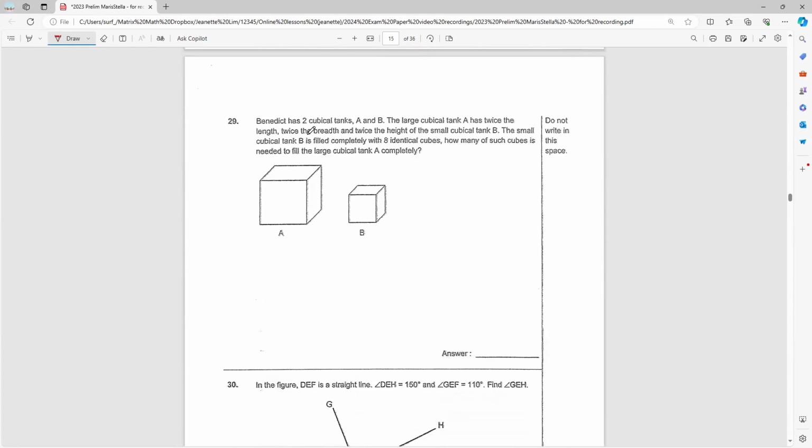29. Benedict has 2 cubical tanks, A and B. Large cubical tank A has twice the length, twice the breadth, twice the height of B. Small cubical tank B is completely filled with, sorry, not water, but 8 identical cubes. How many of such cubes are needed to fill tank A? Okay, the 8 cubes for B, right?